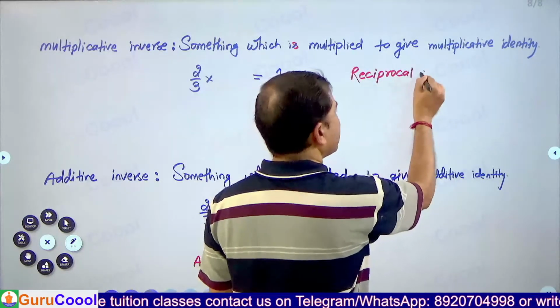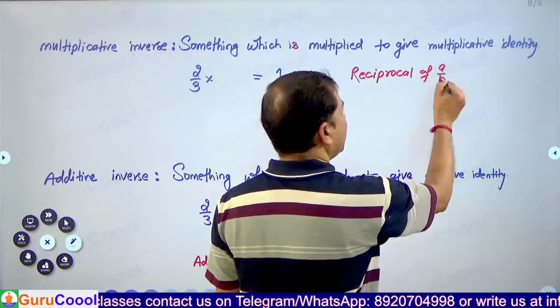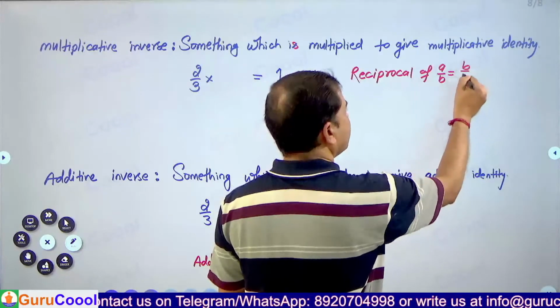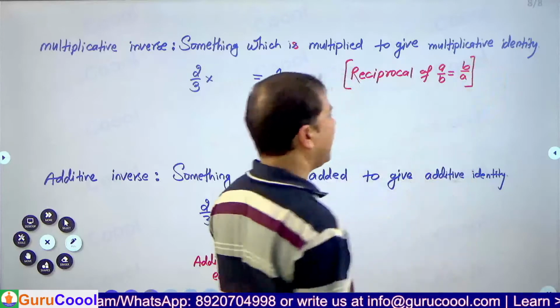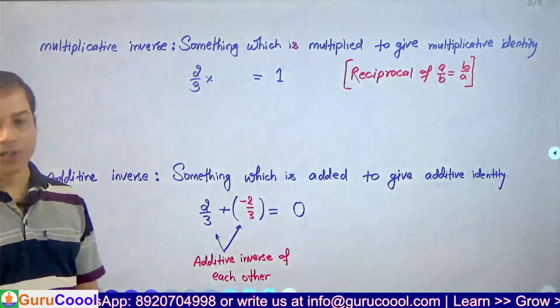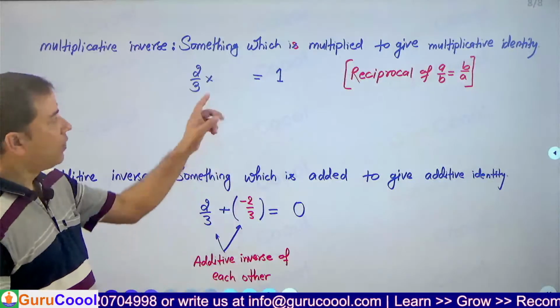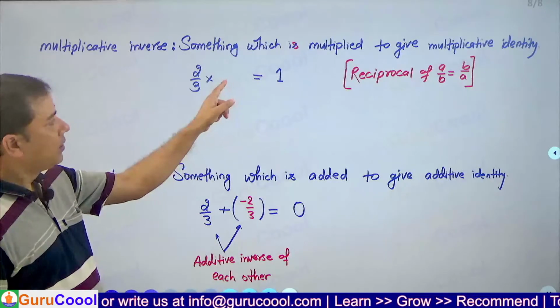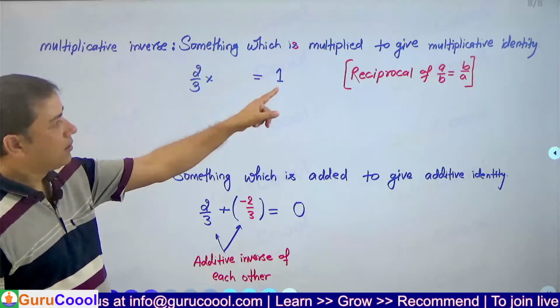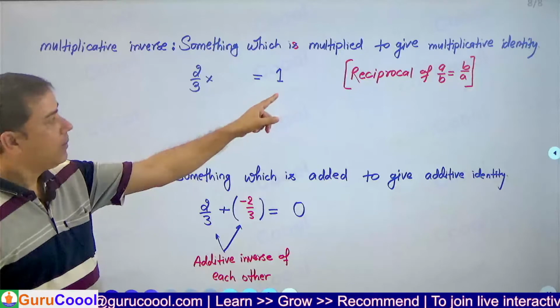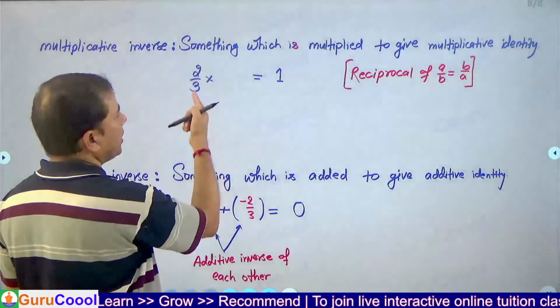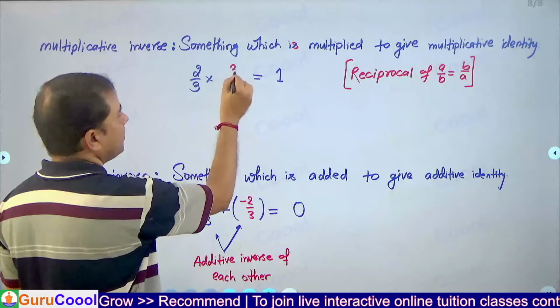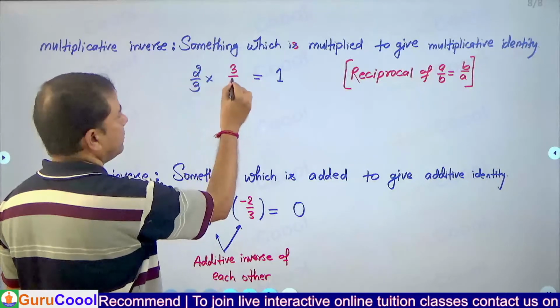Yes. Reciprocal of A by B is B by A. You just flip the numerator and denominator, it becomes reciprocal. So if you want to multiply something here to get multiplicative identity, take the reciprocal of this. Numerator and denominator switch. 3 goes up, 2 comes down.